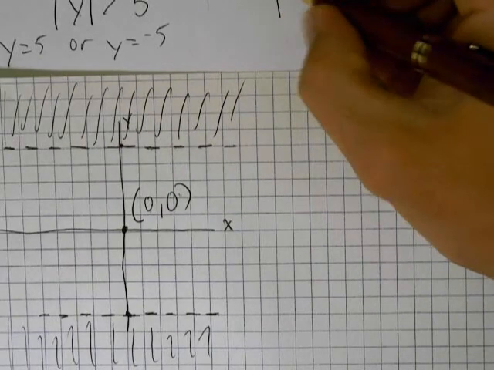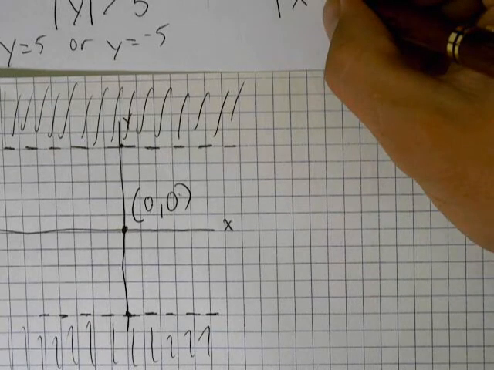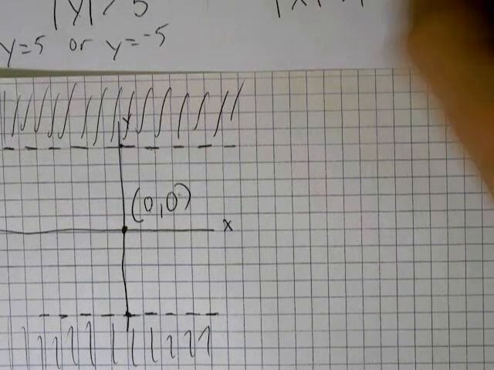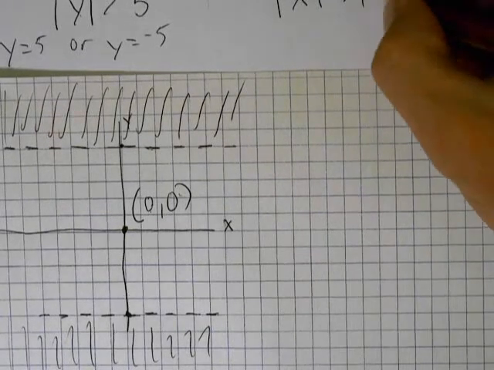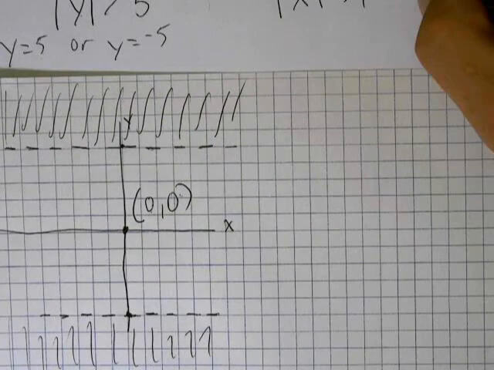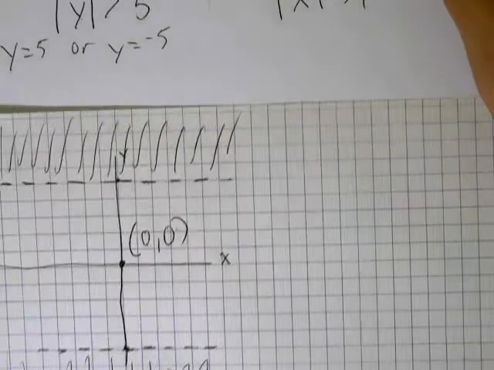Absolute value of x plus 3 is greater than or equal to, let's go with 1. Cool. So again, we're going to start out doing the same stuff.